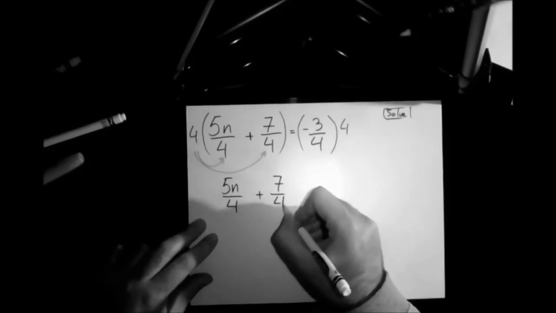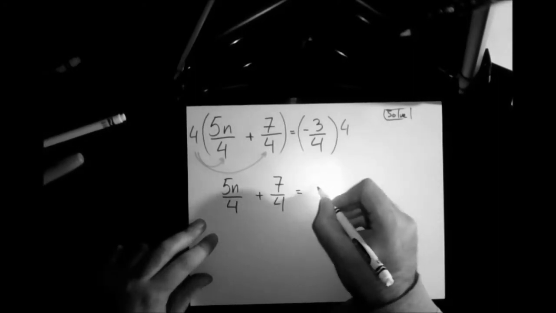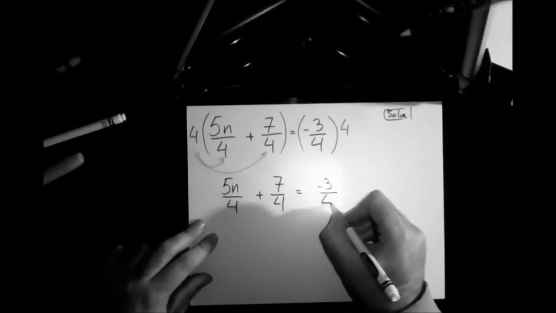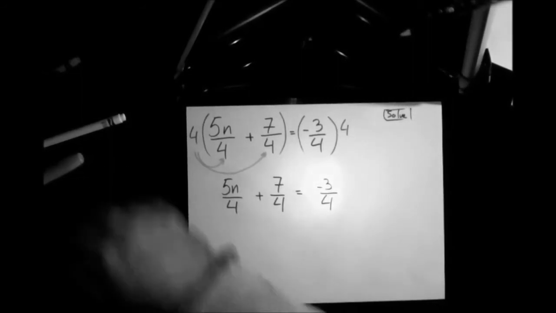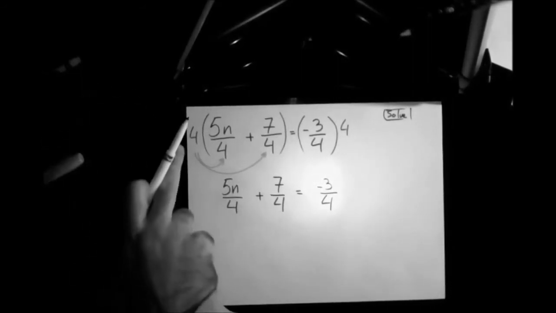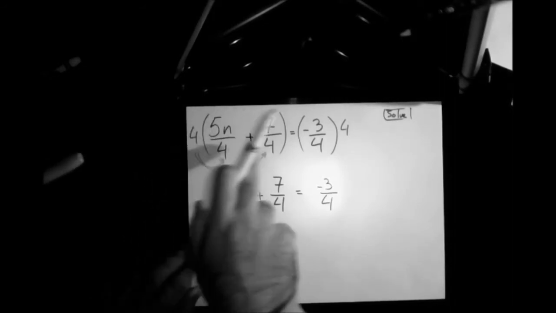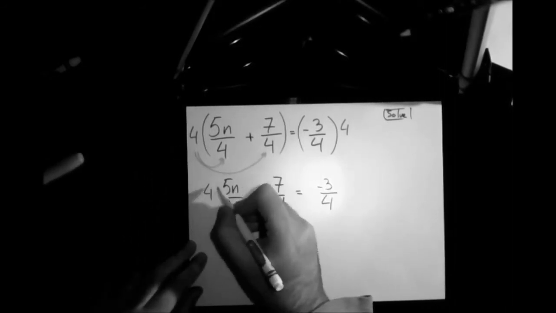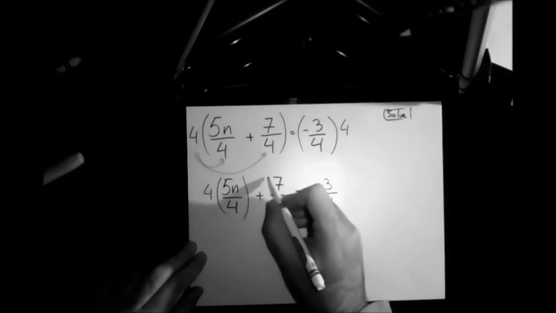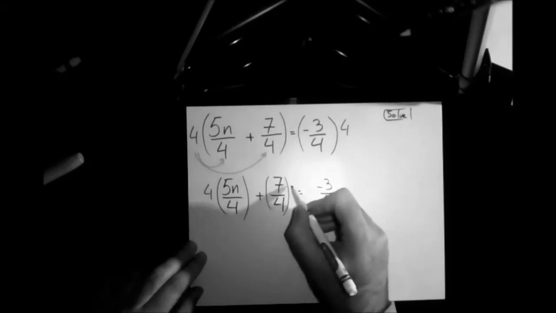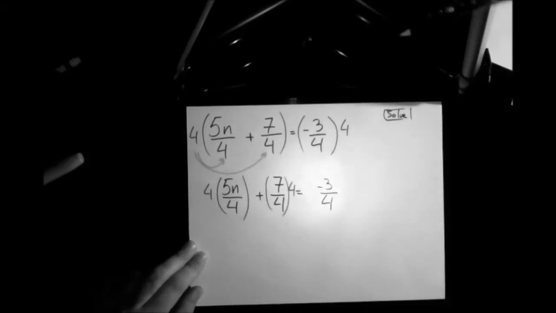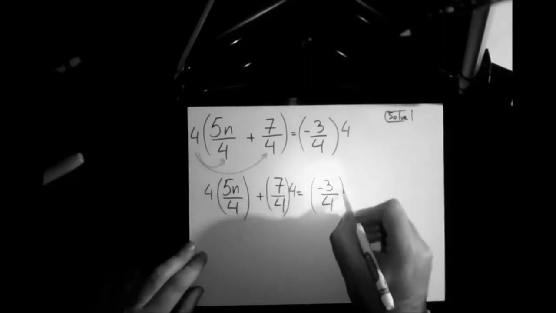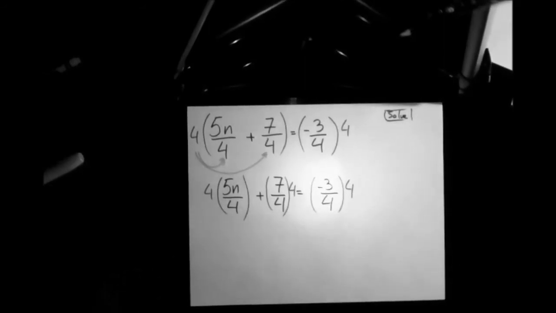Looks a little empty right now. So I'm going to multiply 4 by this, and 4 by that. Running out of space. And of course I need this multiplied by 4 as well. So essentially I multiply everything by 4.